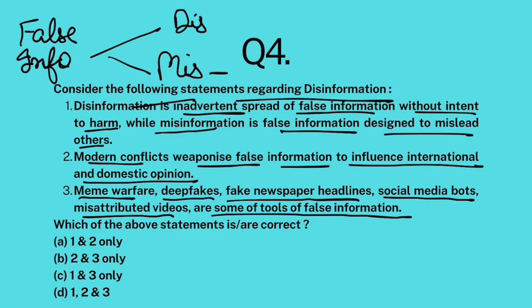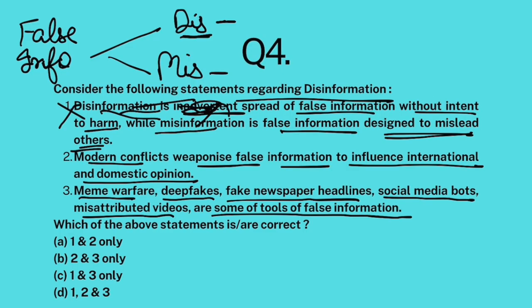So misinformation is basically inadvertent. You are not doing it deliberately. But disinformation is deliberate. You are deliberately spreading false information for your ulterior objectives. So disinformation is not inadvertent. Misinformation is. Disinformation is false information designed to mislead people. So the first statement is false.